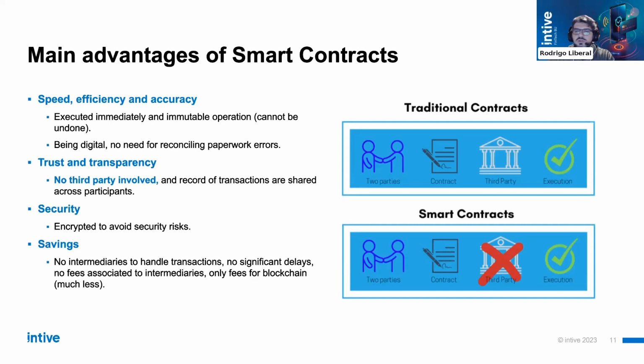So it's a good volume of transactions that can be consumed over a certain amount of time, and you can have a smart contract deployed there and execute all the instructions that are needed. The other thing is security. This information is encrypted, so you can reduce security risks.